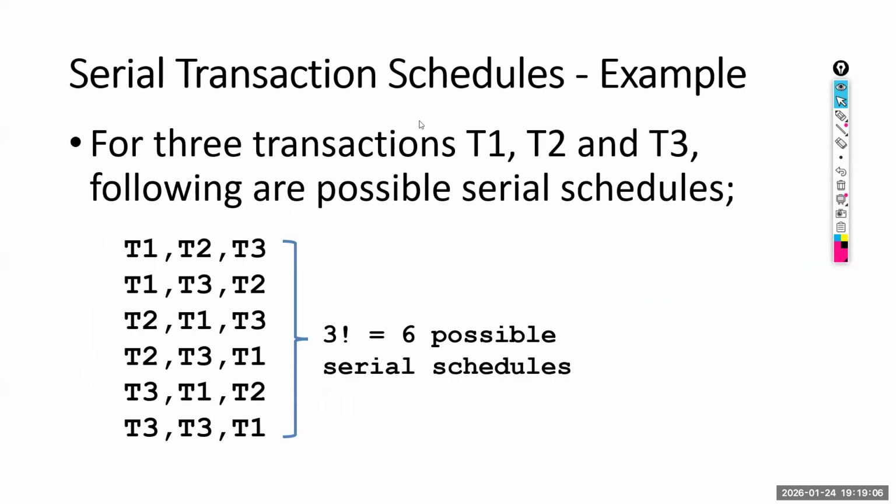For example, if you have three transactions, there are factorial three possible serial schedules: T1, T2, T3, T1, T3, T2, and so on. You finish one, then start and finish the next, so there are six possible serial schedules. All six are correct and valid, but these are the least performing schedules.